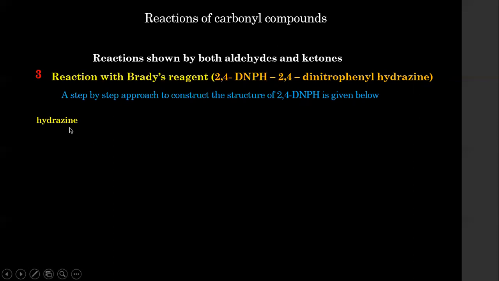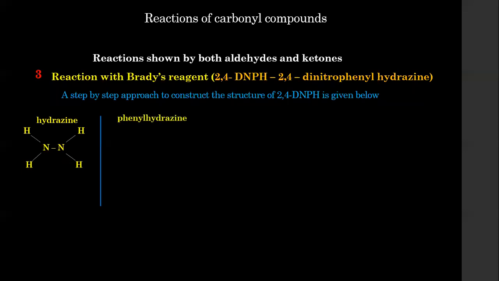What is the structure for hydrazine? It is this. We can call it NH2, NH2. The 2 nitrogen atoms in the middle are bonded together through a single bond, and each nitrogen is bonded to 2 hydrogens in turn, hydrazine. Now, I can modify this hydrazine a little bit to make phenyl hydrazine.